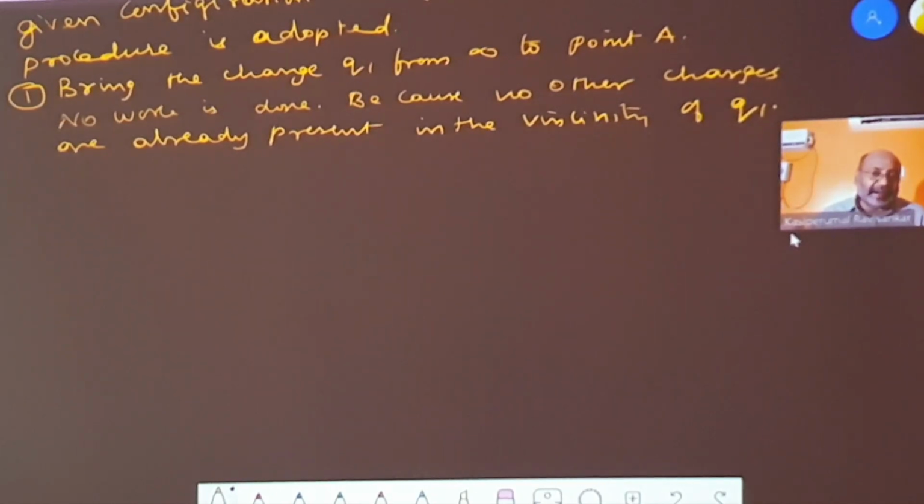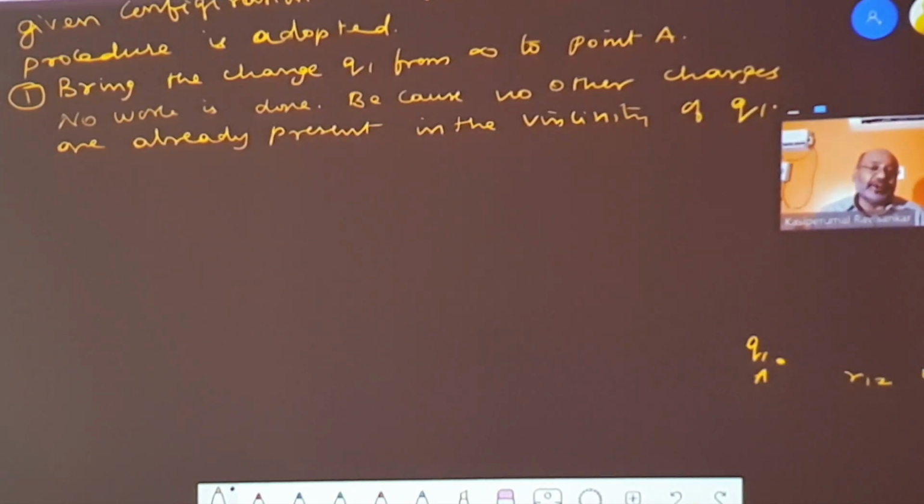So I am drawing the diagram here. See, already you have the point A where the charge Q1 is brought from infinity. Now from this point I am considering another point here. The other point is B, where Q2 is to be placed, at a distance R12.